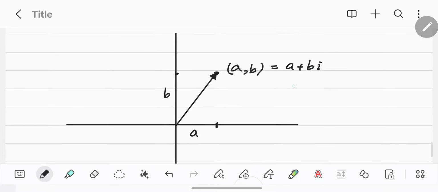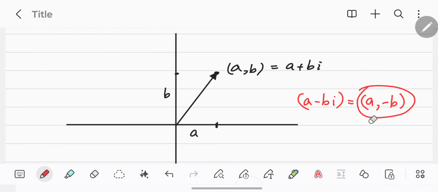Since its conjugate is a minus b iota, so where is a minus b iota, okay? If I draw a minus b iota, it will be like a comma minus b. Okay, let me change the color for these.